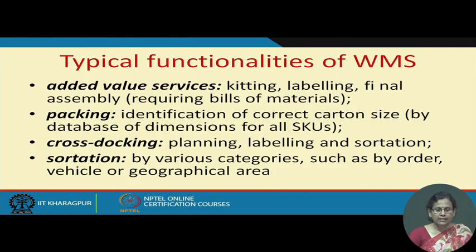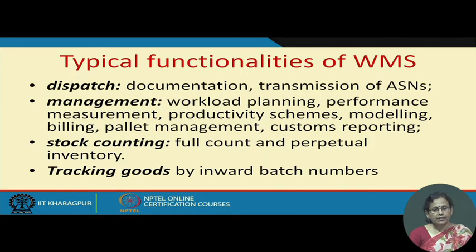Then it may carry out cross docking activities and planning, labeling and sortation. Then it has to have sortation by various categories, by various orders, vehicles and geographical area. Then it has to provide support for dispatch operation as well, which involves many documentation and transmission of advance shipping notices.